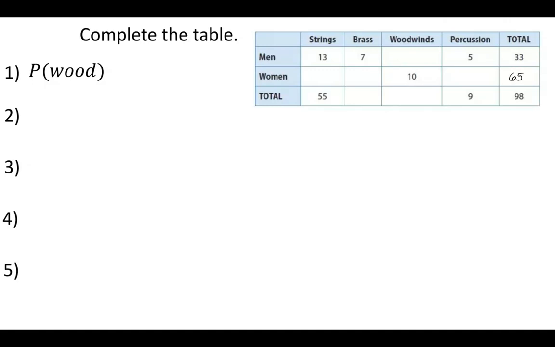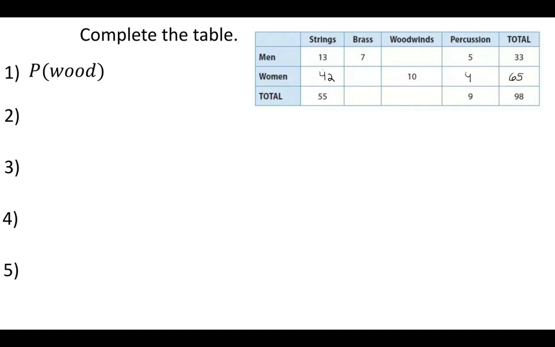We then can go ahead and do percussion. The men and women have to add up to give you 9, so it's going to be 4. We couldn't do the woodwinds yet. We could do the strings over there. 55 minus 13. That gives us 42. We then could do the brass because when you add it sideways, it has to add up to give you 65.